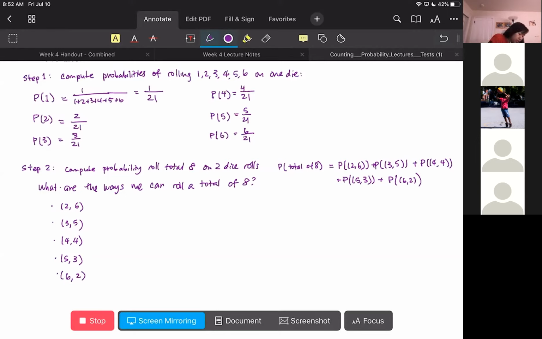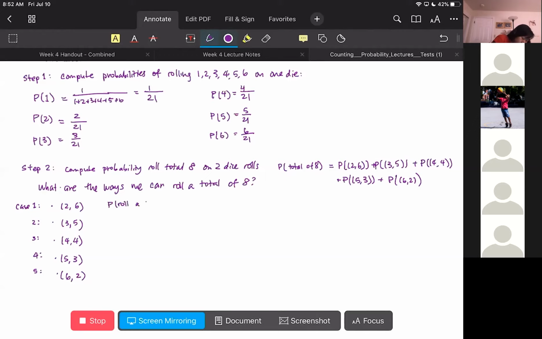So we want to calculate the probability that each of these happens. What's the probability that we roll a 2 and then we roll a 6? It's 12 out of 21. Why is that?